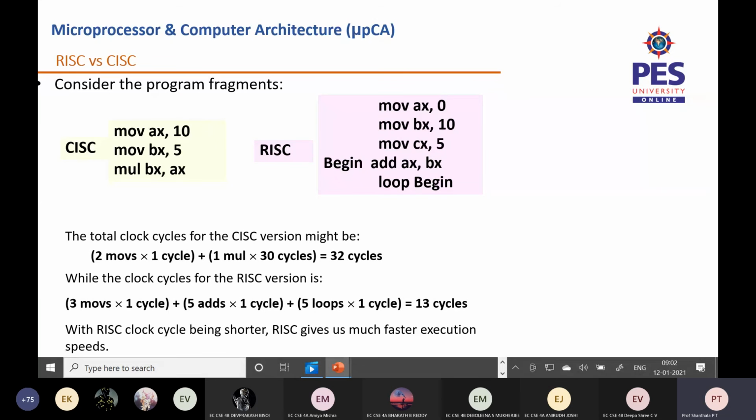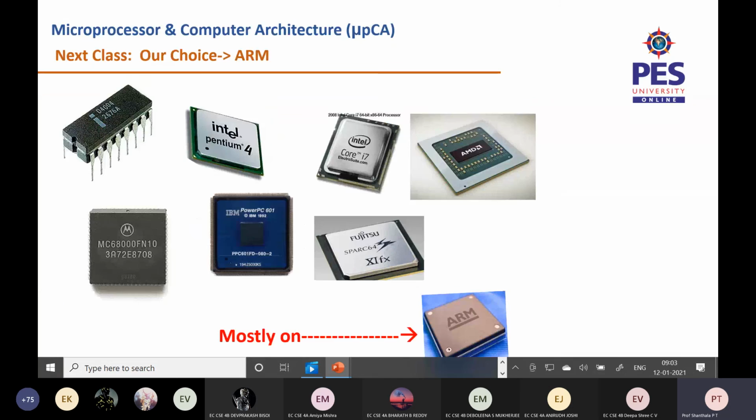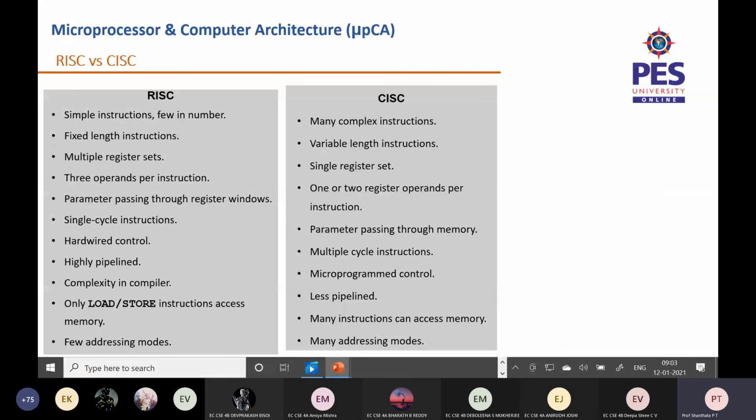So with these clock cycles, RISC gives us much faster execution speeds because here we are not using complex instructions like the mul instruction.